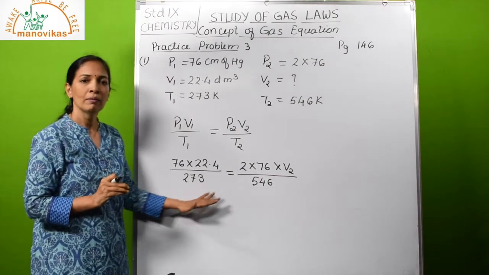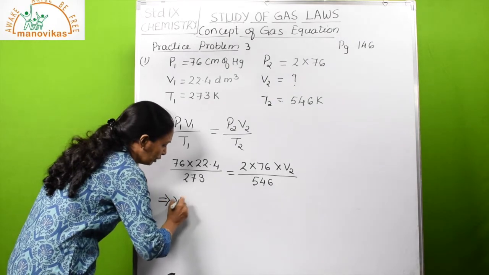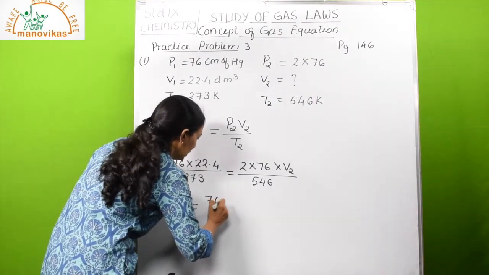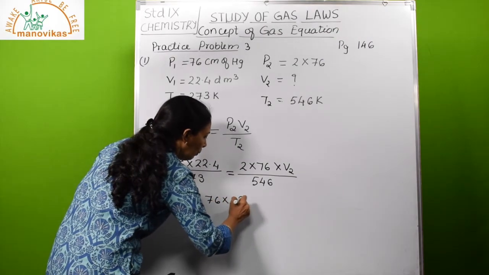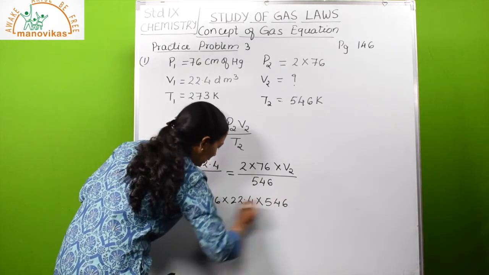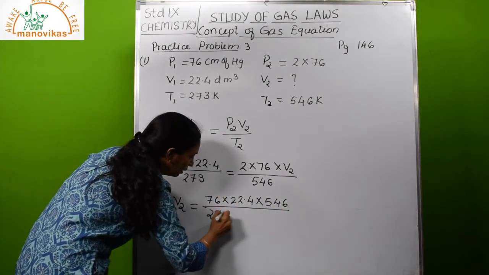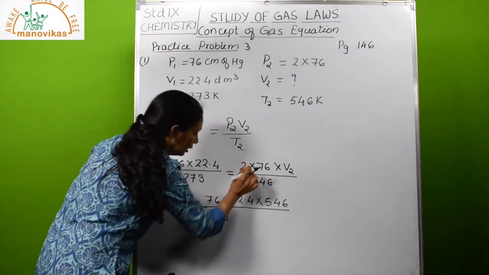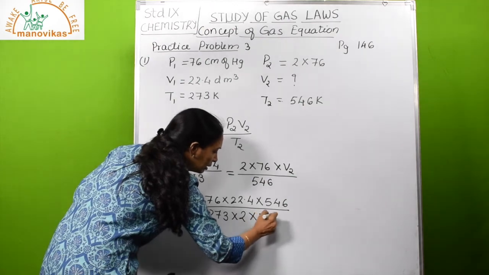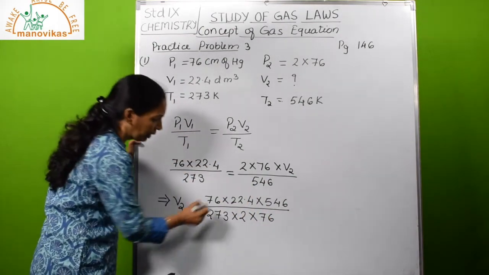Write down all the values correctly. Then what is V2 equal to? So multiply 76 into 22.4 into 546 upon 273 into 2 into 76. Then simplify. Very easy now to simplify.